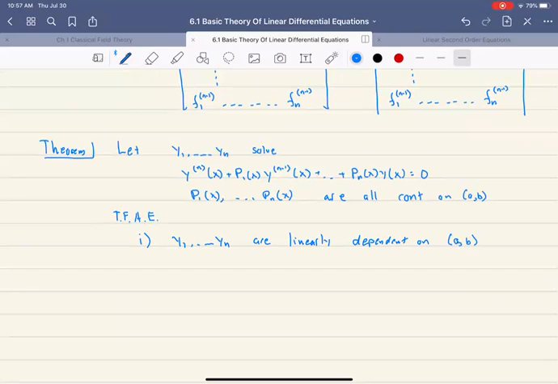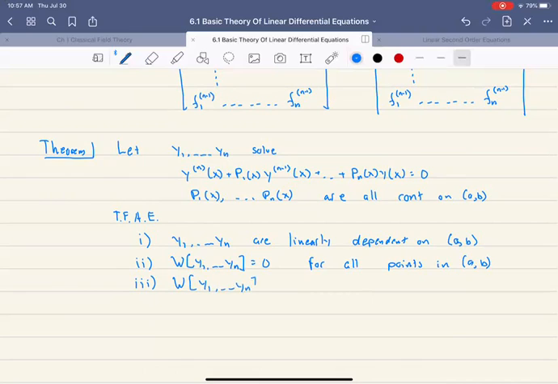2, the Wronskian of y1 through y sub n equals 0 for all points in AB, or 3, the Wronskian of y1 through yn equals 0 for some point in AB.